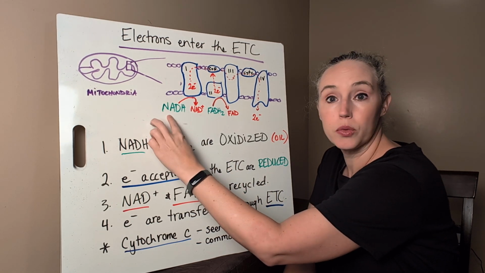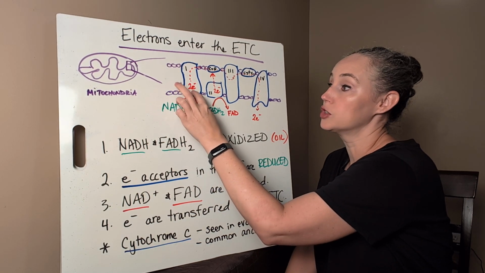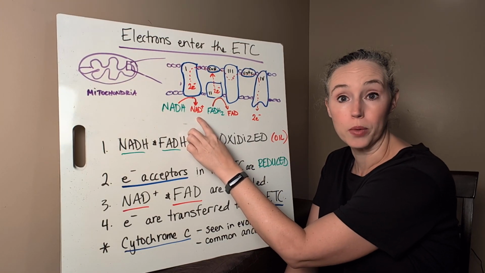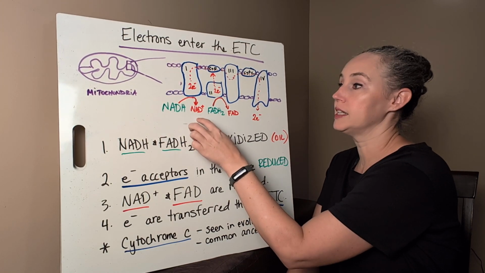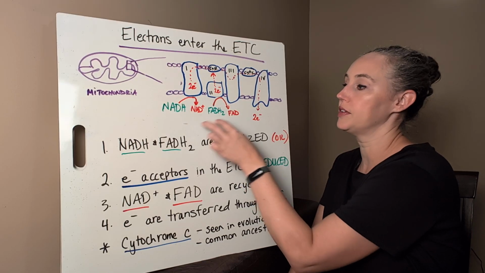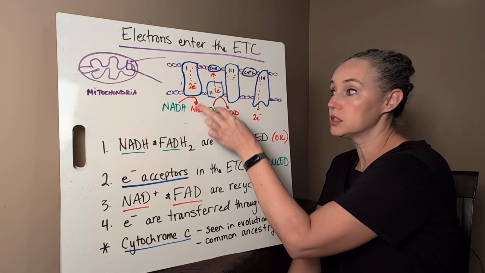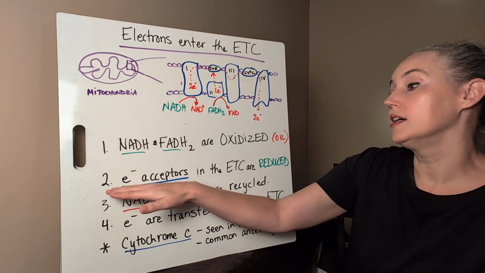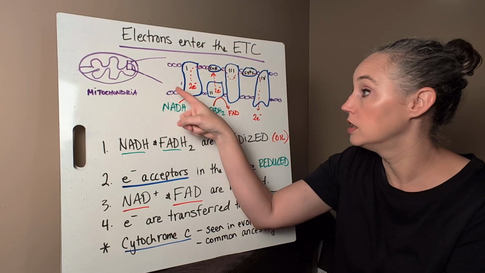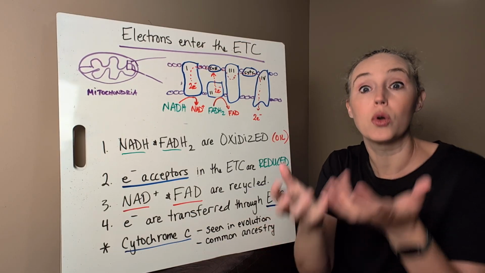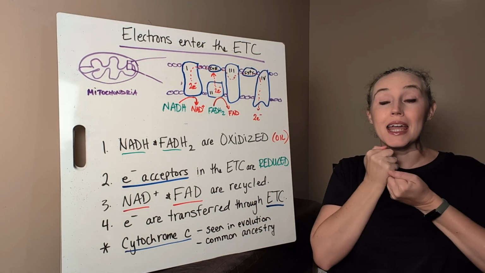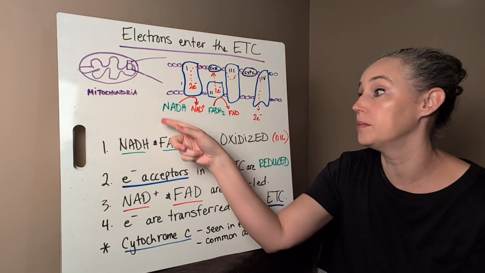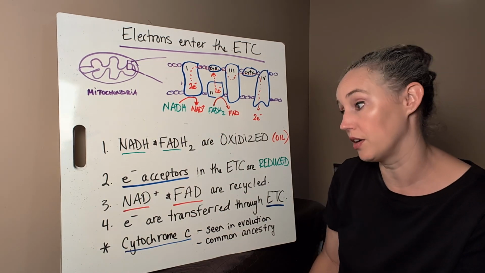So see, I have in green the reduced form, then they're giving 2 electrons to the electron transport chain to form their oxidized form, right? So NADH drops it off at this first protein. FADH₂ will drop its electrons off here at the second protein. And these electron acceptors, these blue guys, are now reduced because they have gained the electrons that were brought to them by our electron carriers.